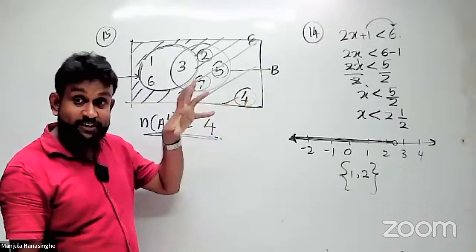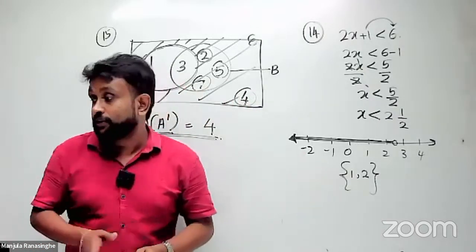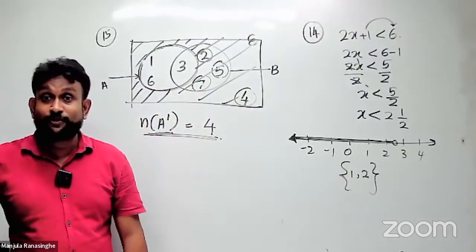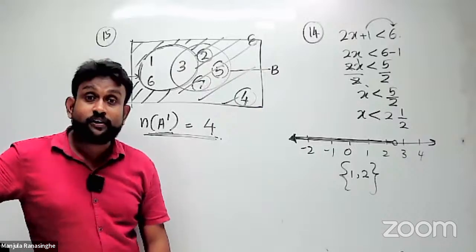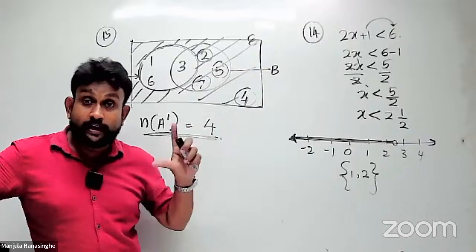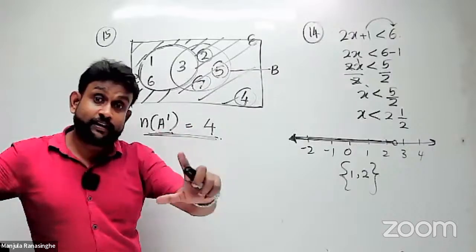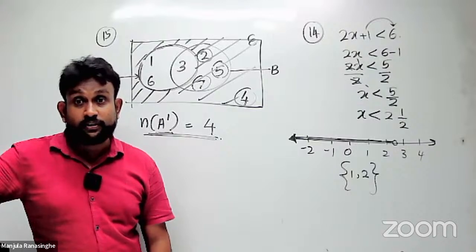Why? It shall be there because it is everything except A. Some students may write the elements 2, 5, 7, 4, but that is not correct because they are asking n(A dash). If they ask A dash as a set, you can write the elements, but n(A dash) means the number of elements.